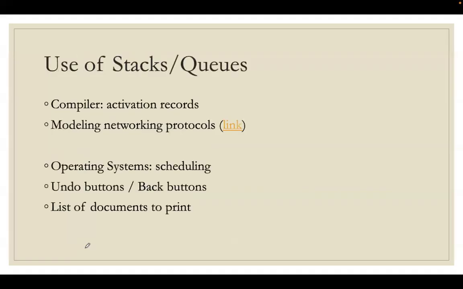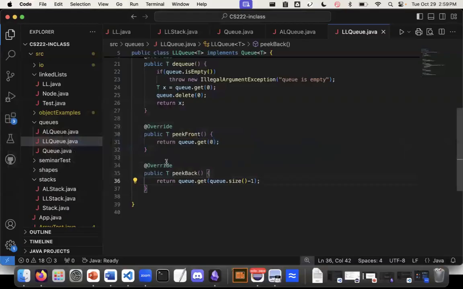The other thing, in how we use them: you've been working with stacks the whole time that you've been coding in Java, and in fact other programming languages too. So if you write something and it crashes, let's actually try something.